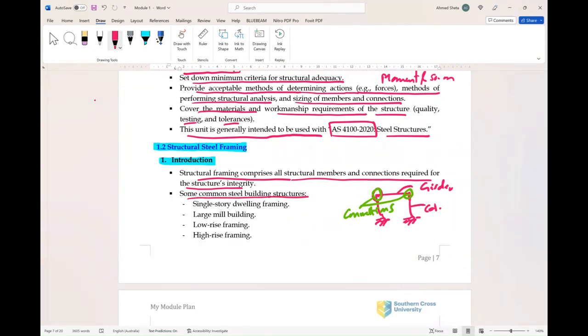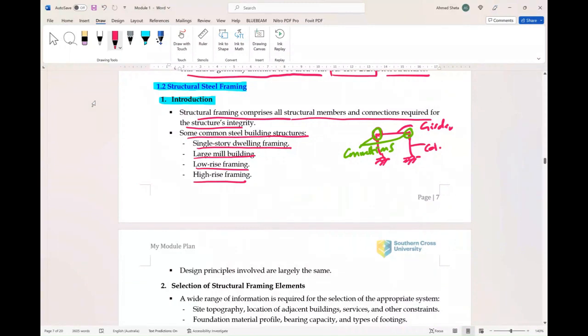Some common steel buildings are single-story dwelling frames, large mill buildings, low-rise framing, and high-rise framing. The design principles of all steel structures are largely the same, so all of them are quite similar.